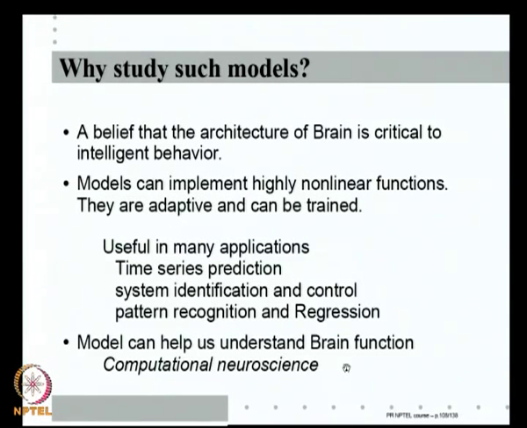As a matter of fact, there is a field now named computational neuroscience or theoretical neuroscience, which actually does this, and they build much more sophisticated models of neurons than what we considered. They take care of a lot of nonlinearities, a lot of models for how the potentials are transmitted through the neuron, through the dendrites and so on. So, there are methods of using such models as a way of understanding brain function.